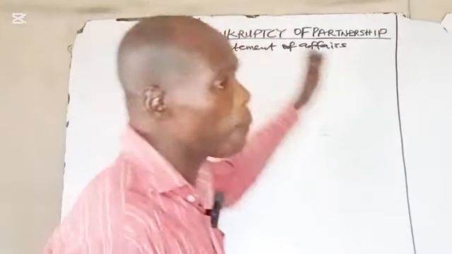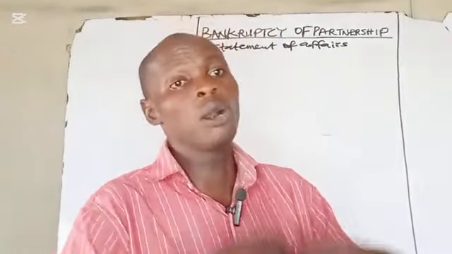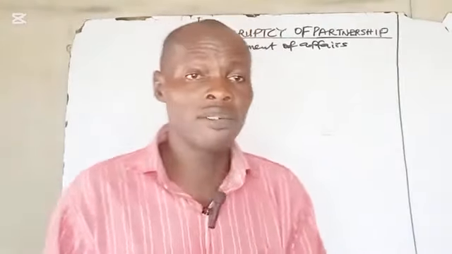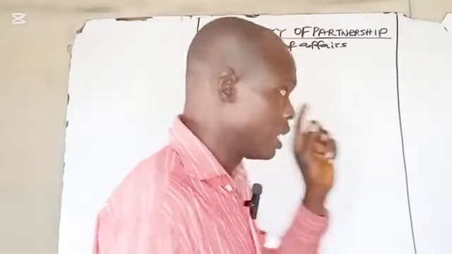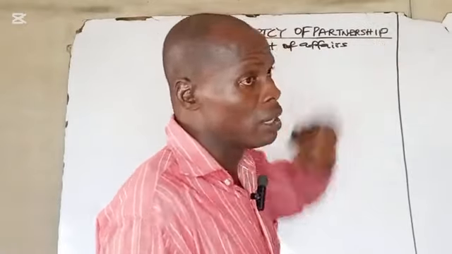But in the statement of financial position, we classify liabilities based on their time frame: how long will it take before those liabilities are settled? That is why we have current liabilities and non-current liabilities.